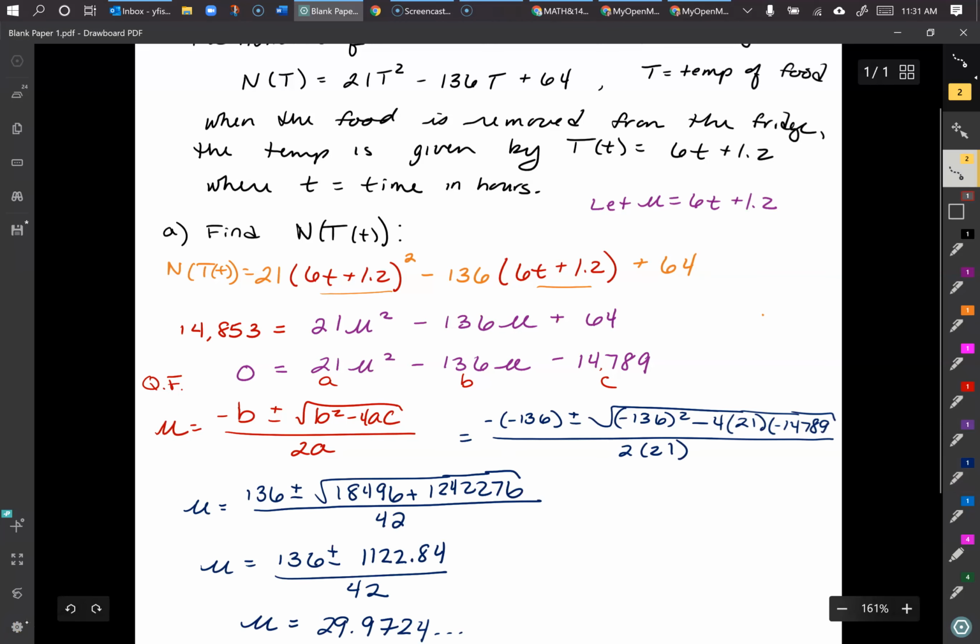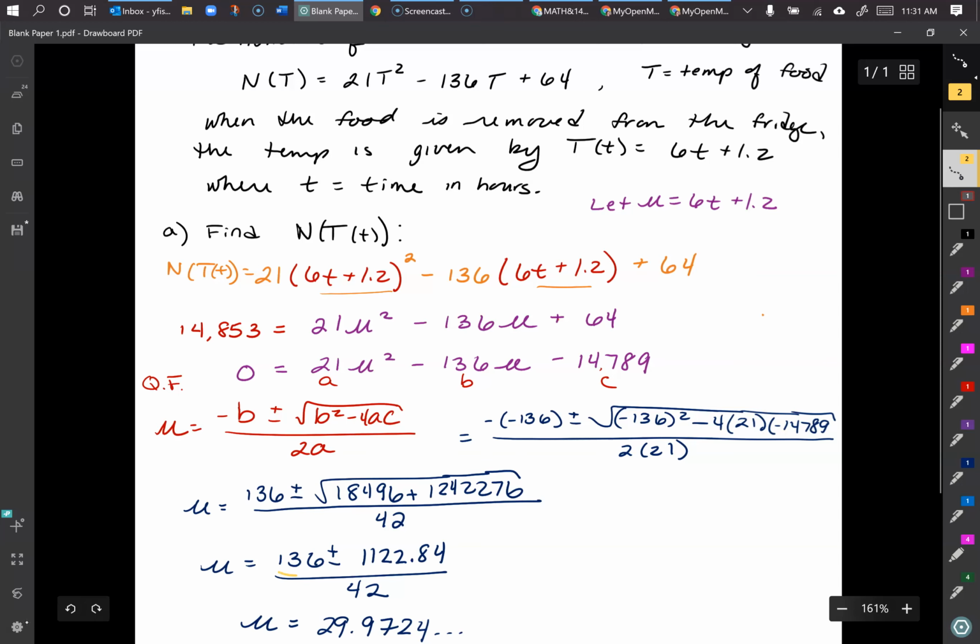What I did here was plug everything in. Negative 136 becomes positive 136, plus or minus negative 136 all squared, which comes out to positive 18,496. Then I have a negative here, so that's plus the product of 4 times 21 times 14,789, a pretty big number, 1,242,276. Then I add those together and take the square root, and that's where I got 1,122.84.